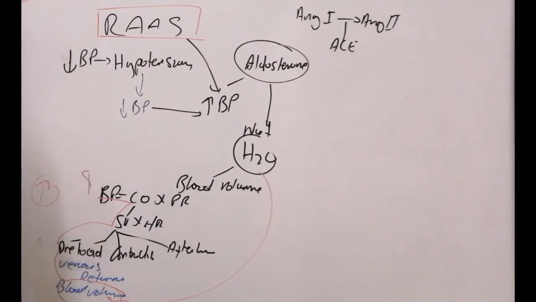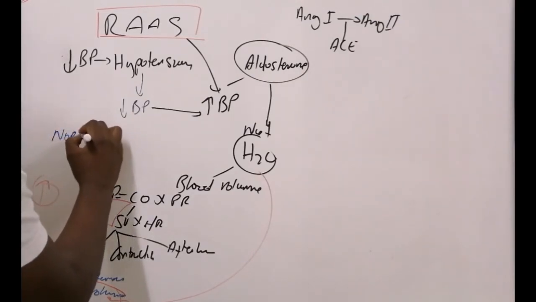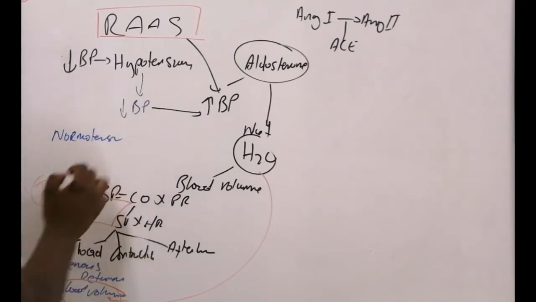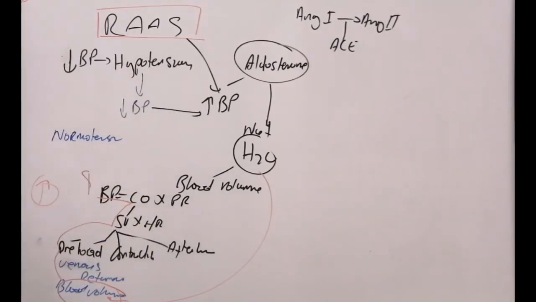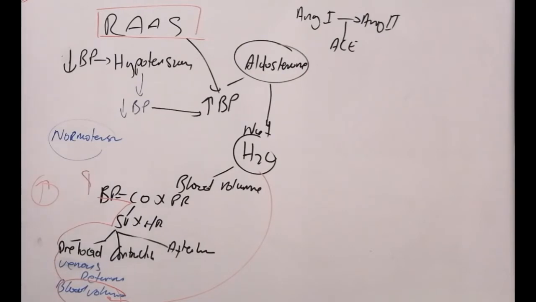Once you get to normotension, this system is going to switch off. Homeostasis will switch it off when you move from hypotension to normotension.